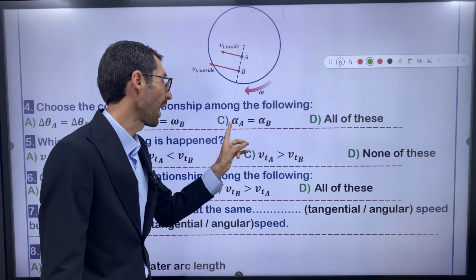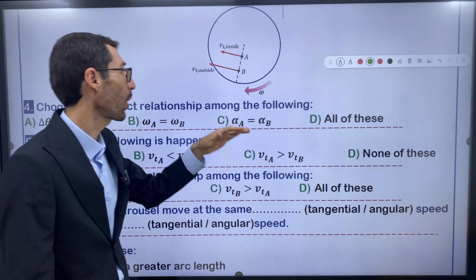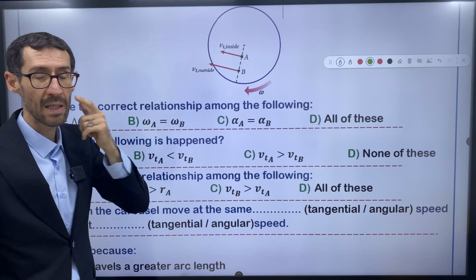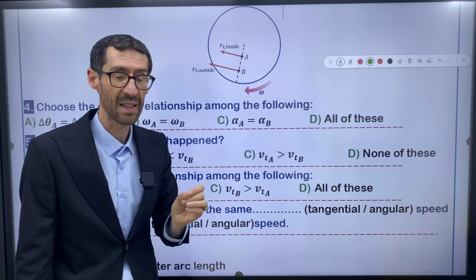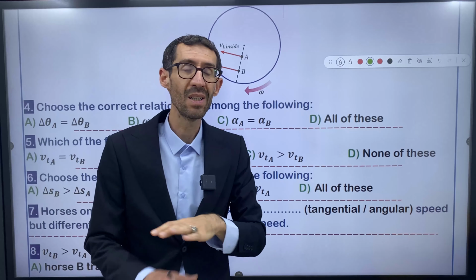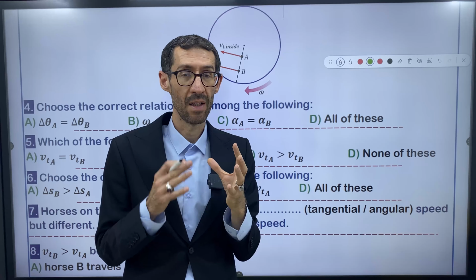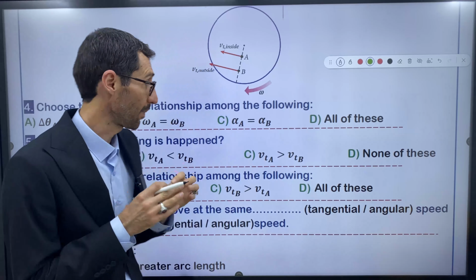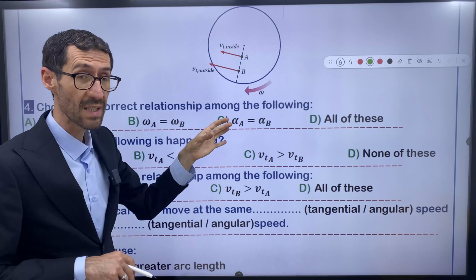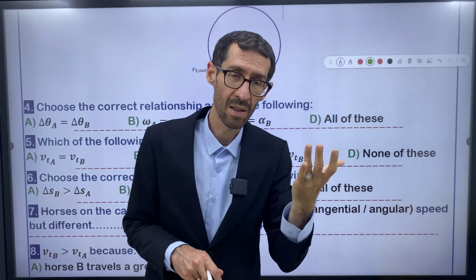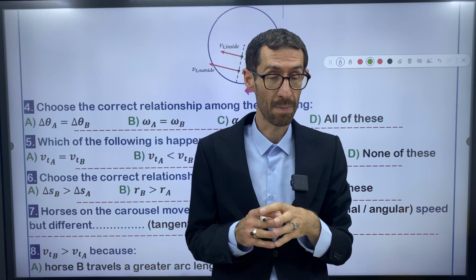What do I say about alpha? Alpha of A is equal to alpha of B. It's not just for A and B. It's for all points on the carousel. Actually, this information is true. So without thinking, angular information does not change, right? Keep in mind that angular information is the same for all the points, otherwise the object changes its shape.